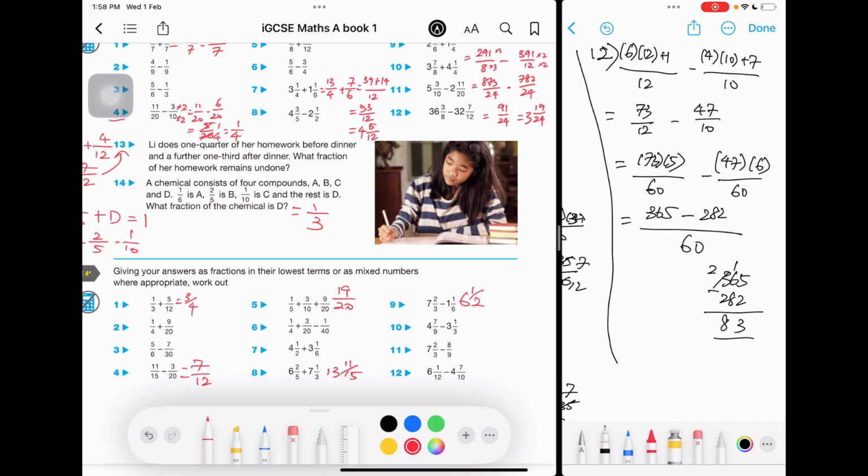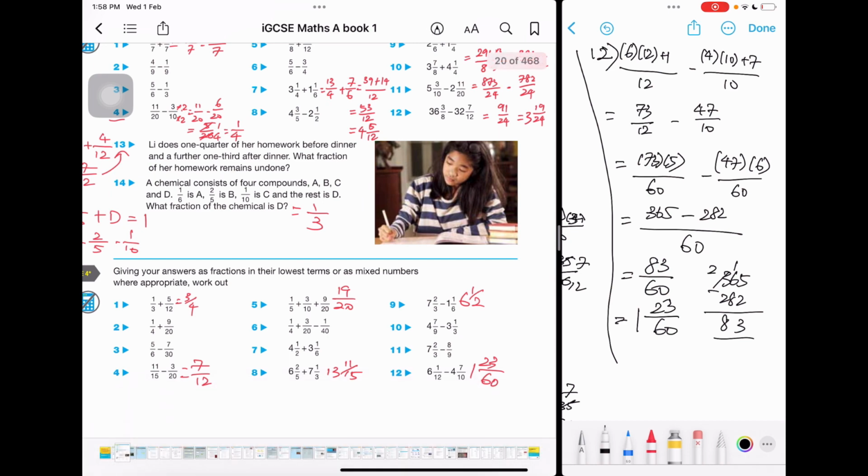So therefore you get 83. So basically you will have an answer of 83 over 60, which is the same as 1 23 over 60. This will be your final answer for question 12: 1 23 over 60.